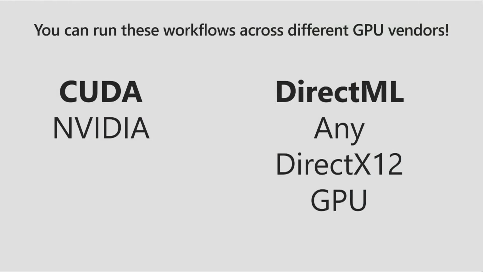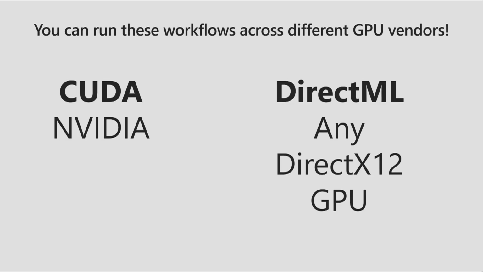And if you were really sharp-eyed in that demo, you would have noticed that I ran it on an AMD graphics card. And the really exciting part about this is you can run these workflows across different GPU vendors. So this supports CUDA, which is an industry standard and very popular hardware acceleration API layer that's really commonly used by industry professionals everywhere. But we also support DirectML.